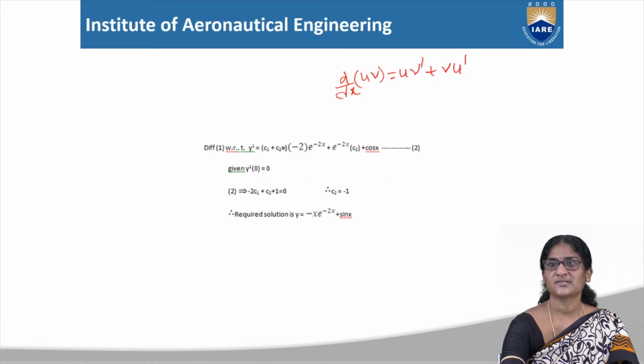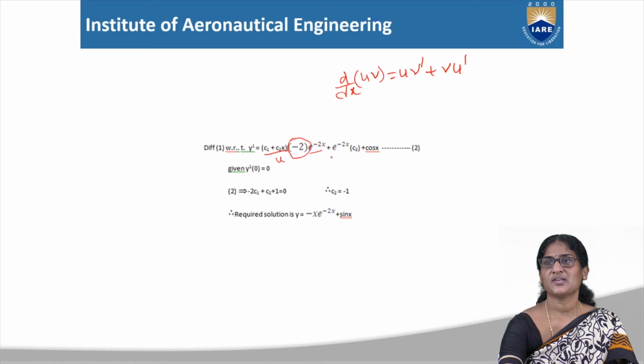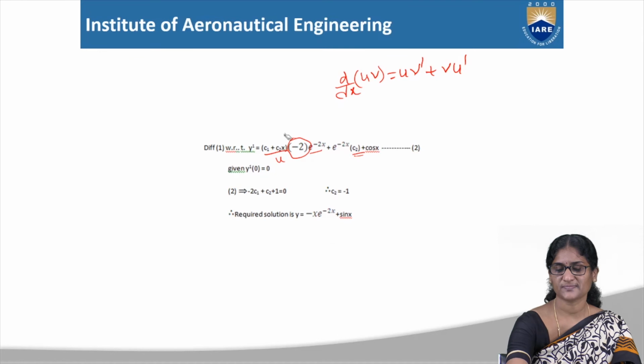Now u v dash is the u value times the derivative of e power minus 2x, with internal differentiation giving minus 2. So minus 2 into e power minus 2x, plus e power minus 2x as it is times the derivative of u. In the first term I don't have any x value, so that becomes 0. The second term has x, so c2 runs like a coefficient here. So plus cos x.